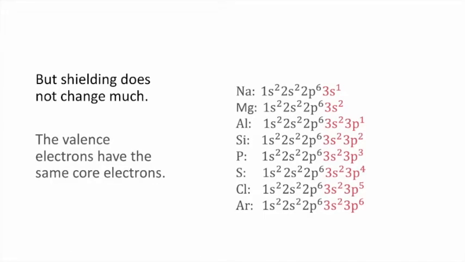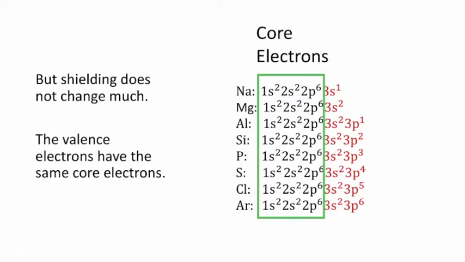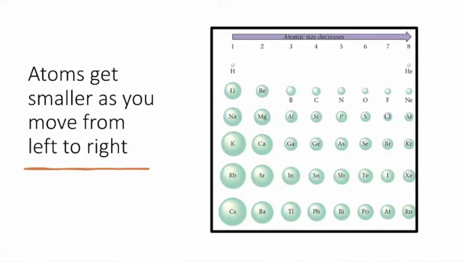But the shielding doesn't change much because all the valence electrons in the same row are in the same shell, and they have the same core electrons. So with the higher effective nuclear charge, electrons get pulled closer to the nucleus, and the radius gets shorter, and the atoms get smaller as you move from left to right across the row.